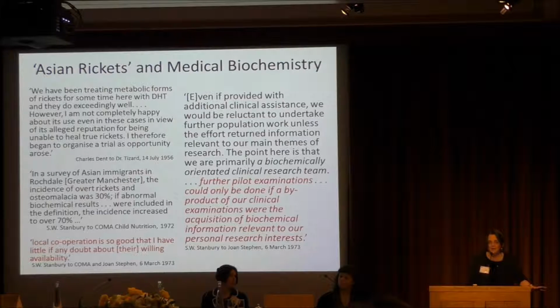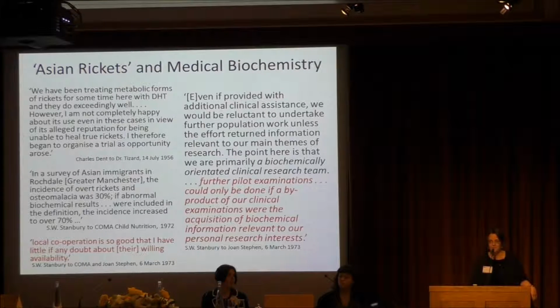And this would only become more the case as the population of Britain changed demographically to include a much larger Asian population. To the delight of biochemists across the country, the Asian population was found to suffer much more commonly from nutritional rickets. And in fact, to the extent that it was very common to see in the medical press a description of this as Asian rickets.